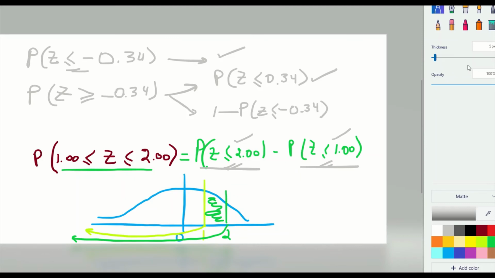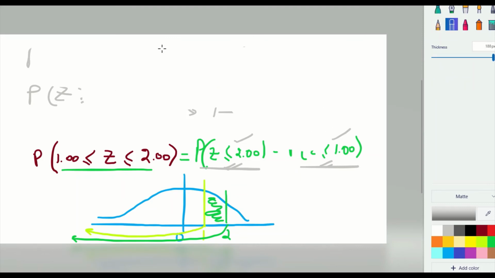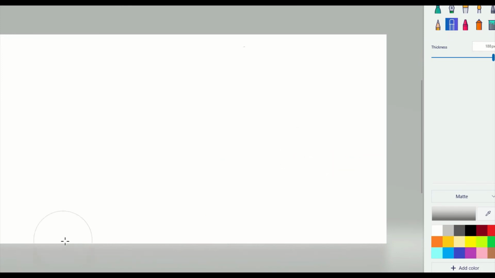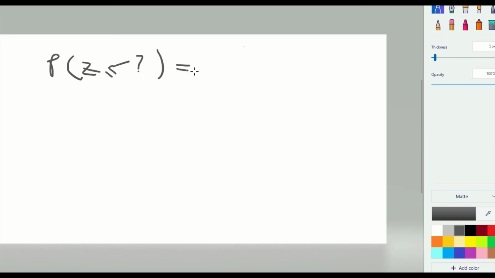The last thing that you may have to do is, you are actually given the area, and from the area you need to find Z. Okay, so for example, you're told that the probability of Z is less than or equal to what value, so that you get a total area of, for example, 95%.